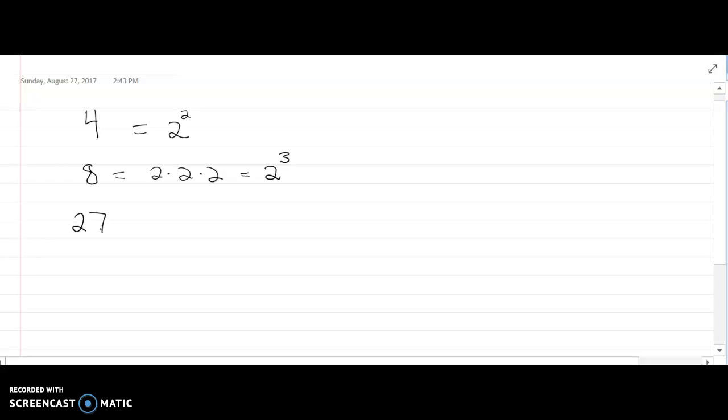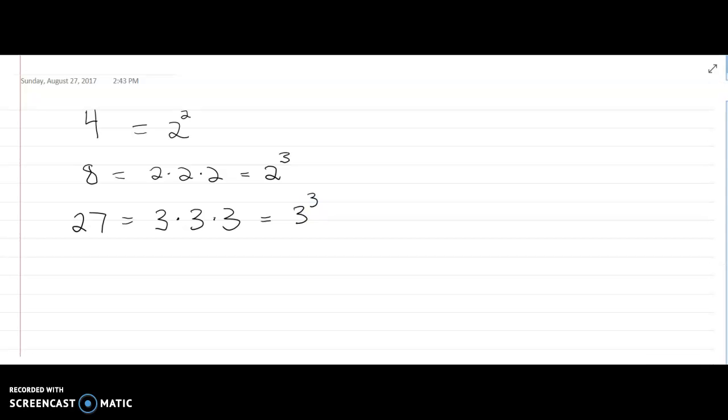Okay, welcome back. Well, I know that 27 can be rewritten as 3 times 3 times 3. So here I can rewrite 27 using exponents as 3 cubed.